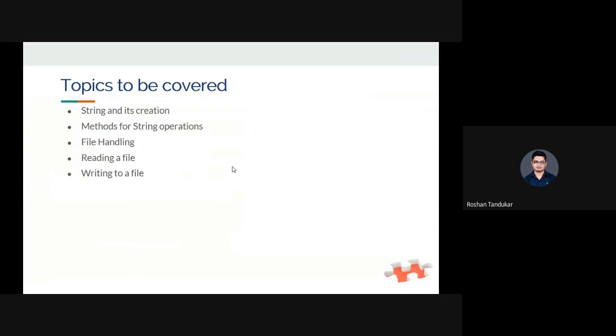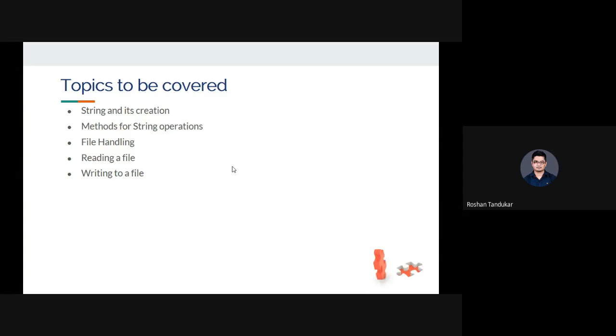Okay, so altogether the topics to be covered are, first of all, what a string is and how you can create a string, and some of the examples you have already seen before, and more examples we will see in this lecture class. Next, the methods for string operation. In string data you can perform different operations.